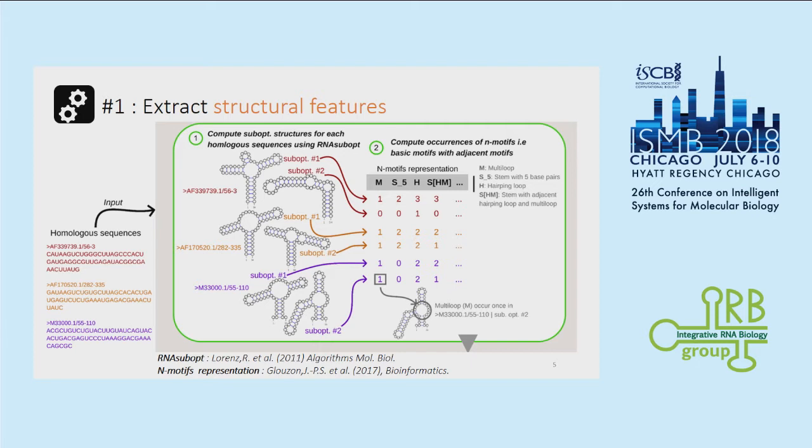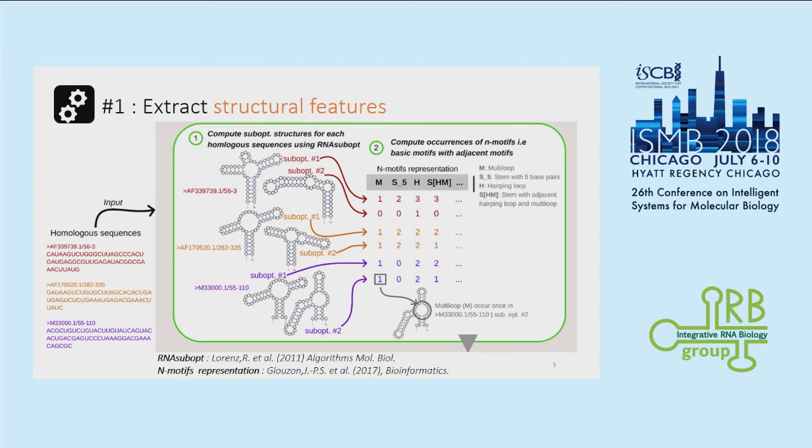So basically, after computing the vector representation, all those vectors become the N-motif representation. Typically, an N-motif could be seen as a motif, like a multi-loop, a hairpin, a stem, or an internal loop. But considering also the properties, for instance, a stem is usually associated with the number of base pairs.